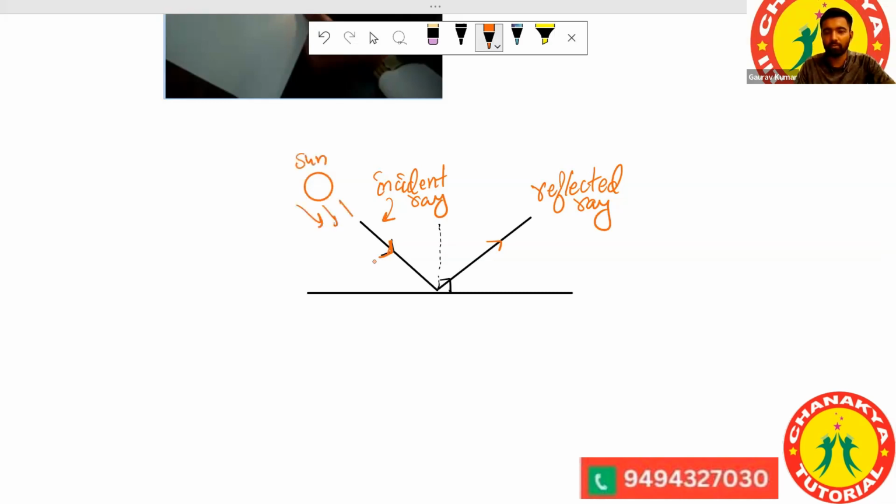Light is coming from the sun, so light coming from the source, and this is the mirror. Light coming from the source is the incident ray. Light reflected from the mirror is the reflected ray. And this line, which is perpendicular to the mirror, is known as the normal.